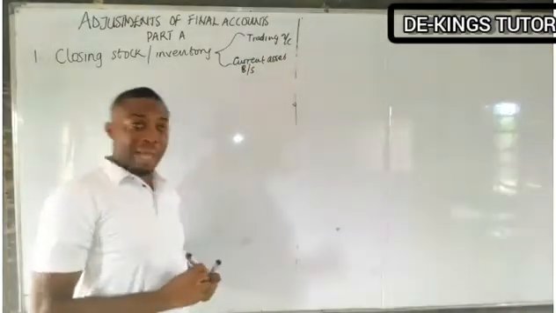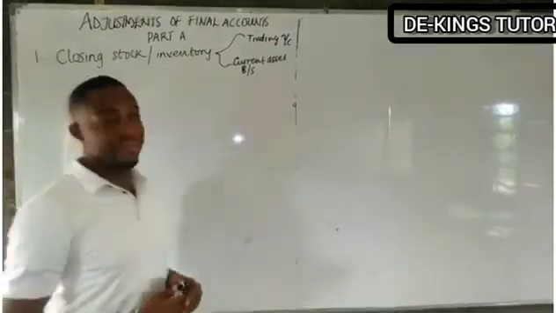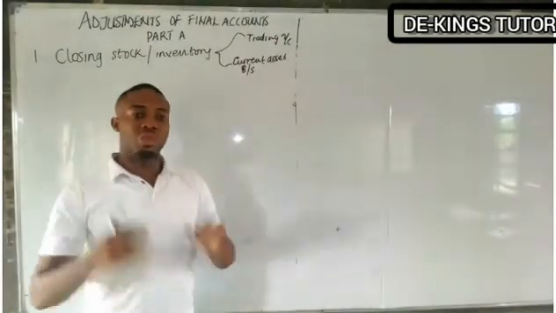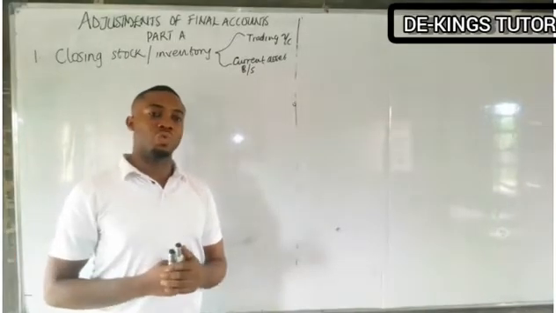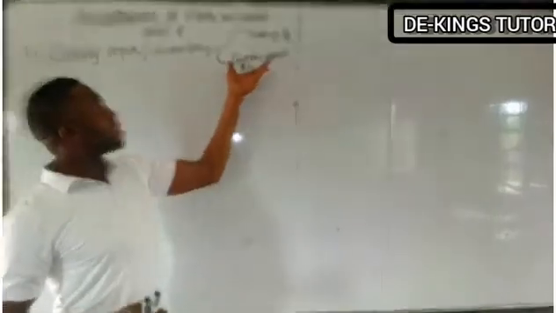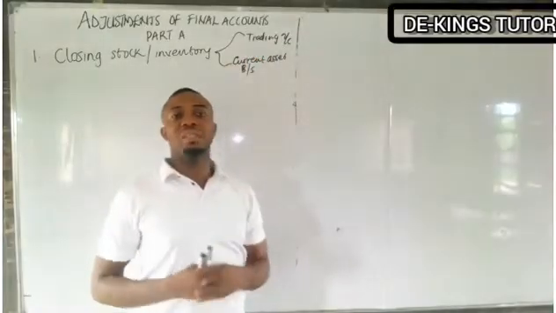That is the 2 parts where we post the closing stock or inventory. The first one is trading account. You deduct it from cost of goods available for sale to get your cost of goods sold. While the other one, you post that same value in the current assets in the balance sheet.